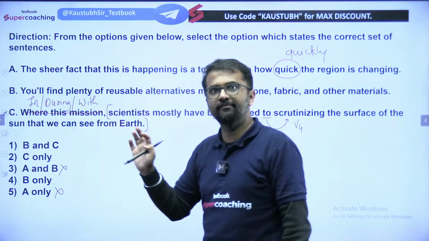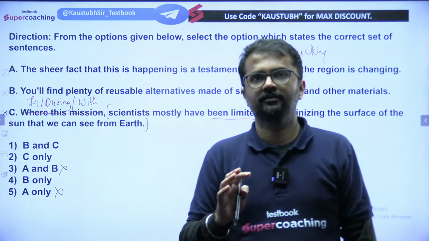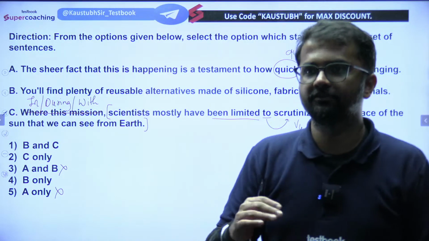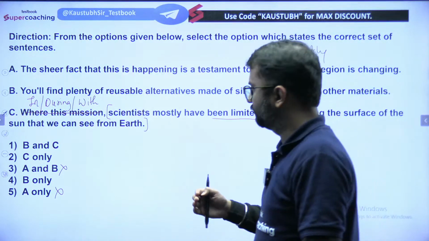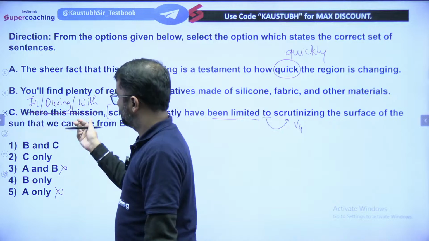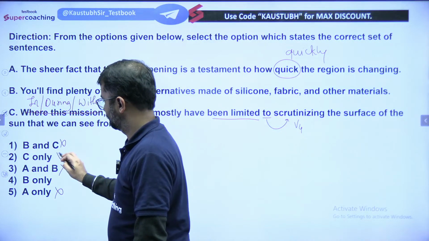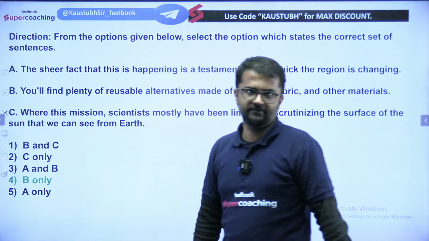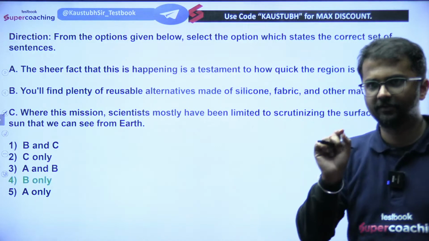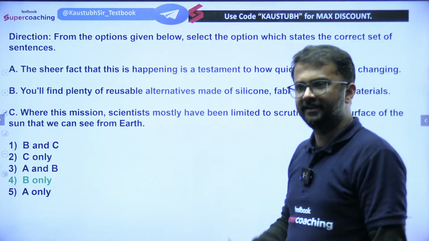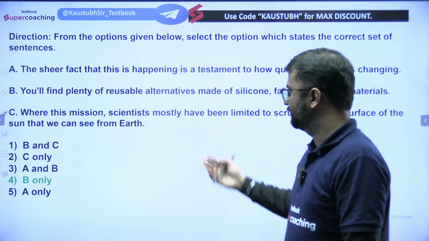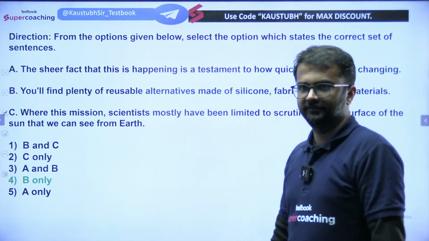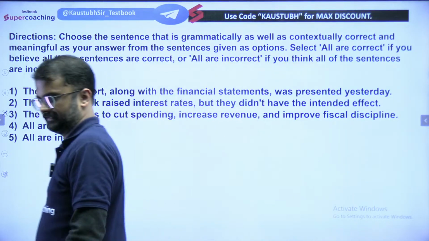There has to be some preposition, not a conjunction. Where acts as a conjunction. Okay, so C also definitely has error. So only B is the right answer. Silly mistake, very small silly mistake. "Where" is incorrect. It sounds incorrect later on when you look at it, है ना? चलिए अगला सवाल.